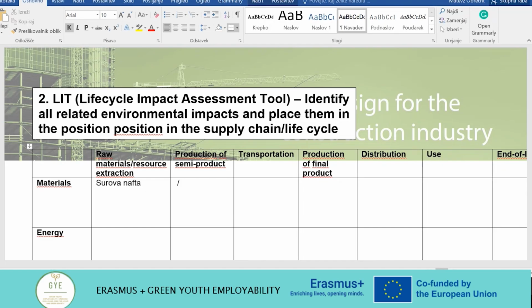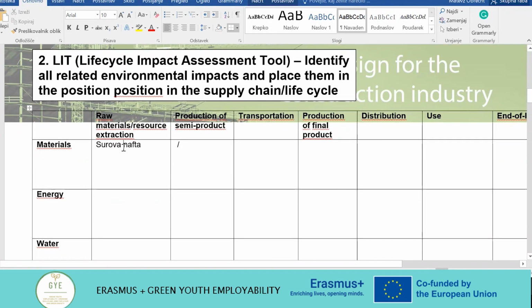You will define your supply chain regarding the product that you choose, and regarding the supply chain, you will identify all the related environmental impacts in each of these phases. So for the raw material or resource extraction for the plastic bottle, for example, which raw materials are being used.